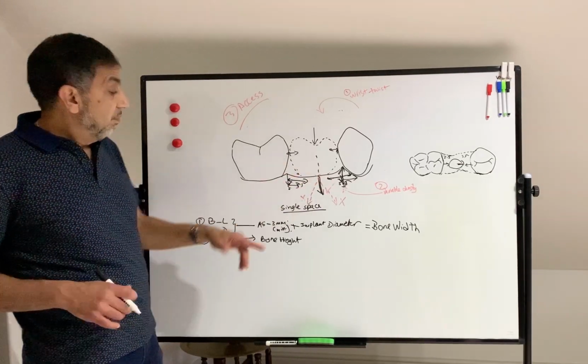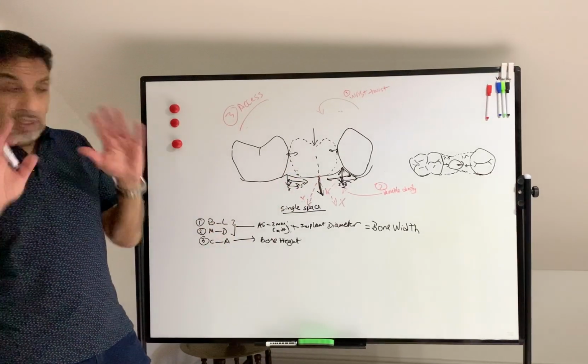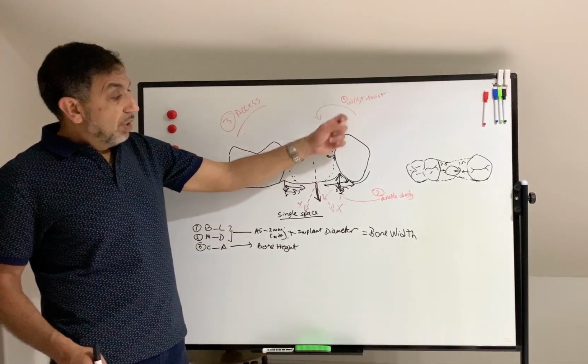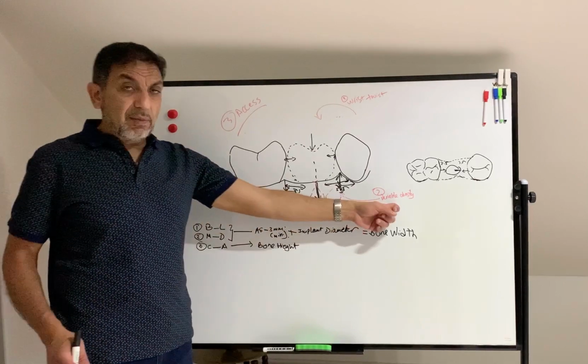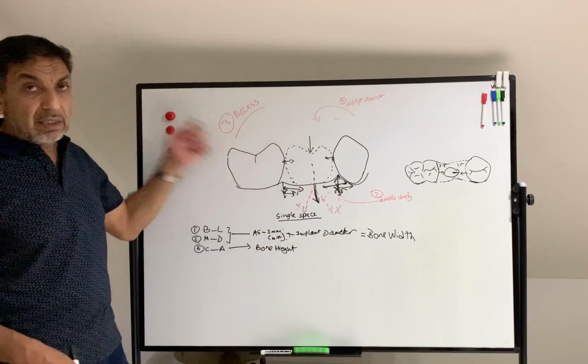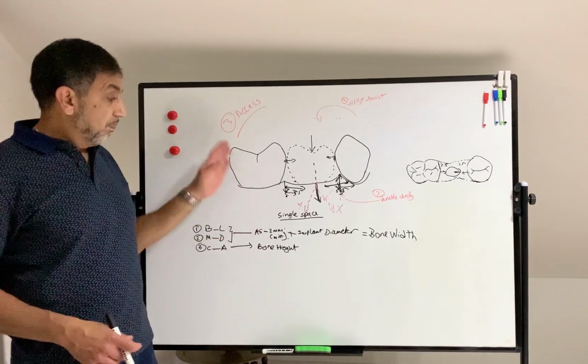So if we place it 1 millimeter to 1.5 millimeters subcrestal, then that bone, when it's lost over time, we are still safe. Okay, so summing up, positional problems are caused by the wrist twist, the variable bone density at the time of insertion of the implant, and the access problems.